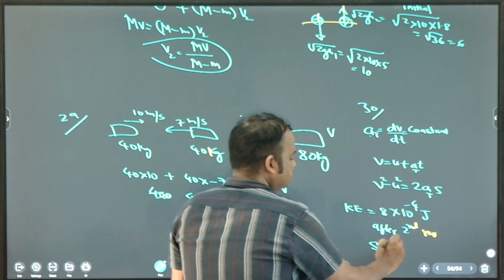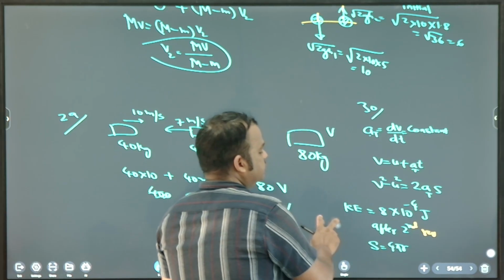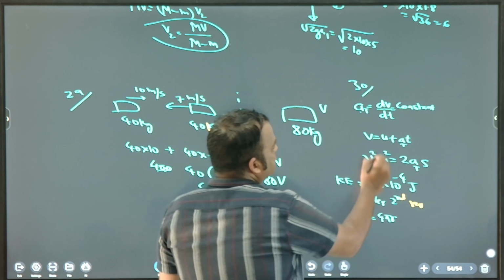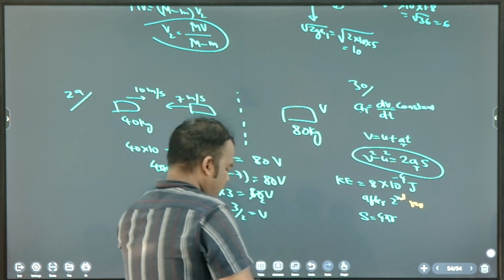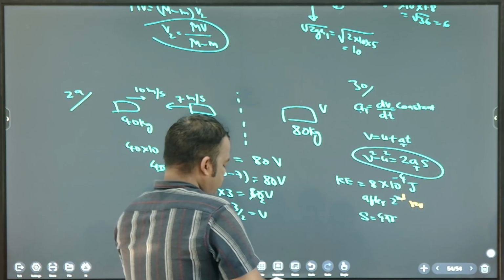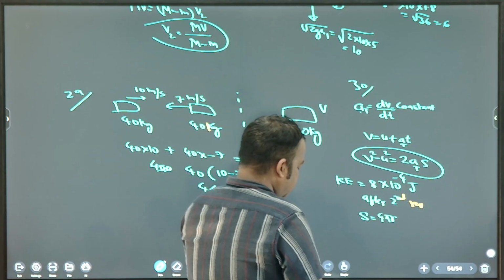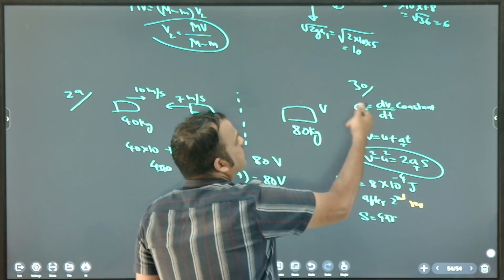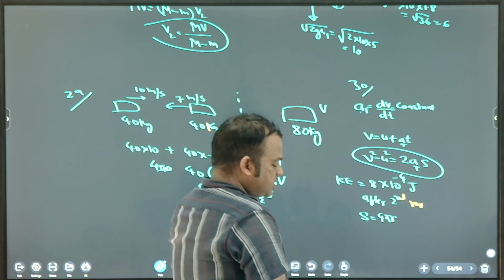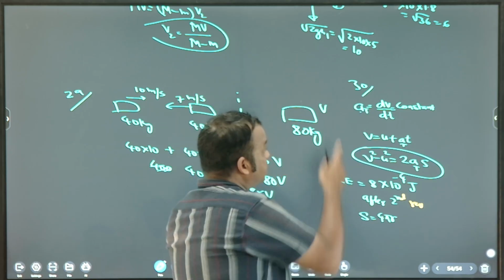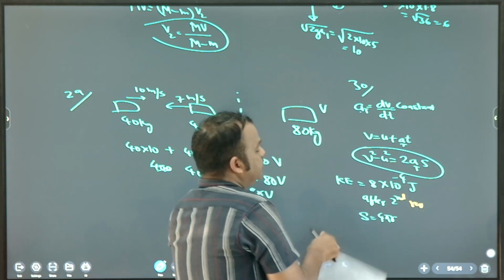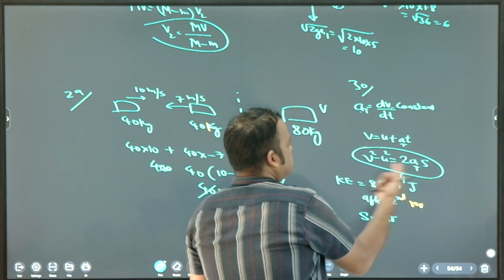So 4 pi r. So use this formula. But what is the question? The magnitude of acceleration. Okay, they are asking a. See, what is written? What is the magnitude of this acceleration? This acceleration. So a they are asking. So use this.